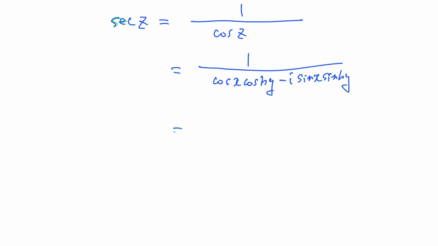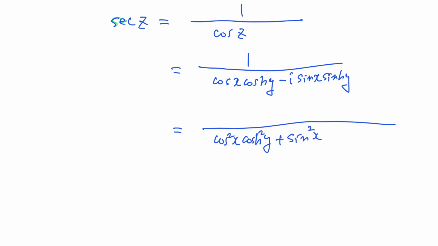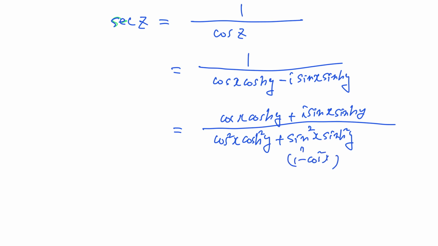So cosine square x cosine hyperbolic square y plus sine square x sine hyperbolic square y over cosine x cosine hyperbolic y plus I sine x sine hyperbolic y. And probably normalized by using 1 minus cosine square x.